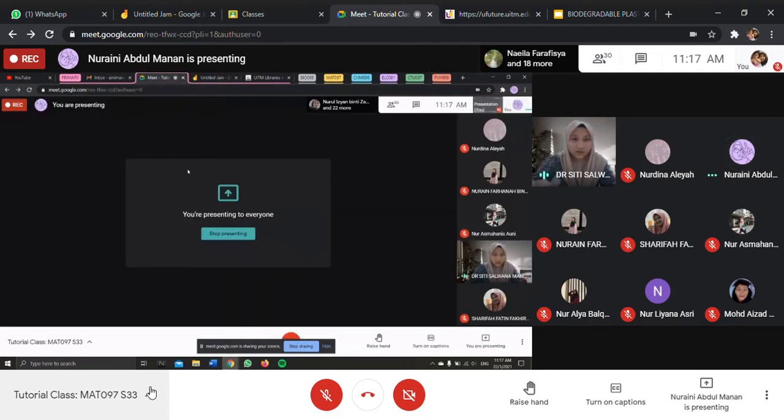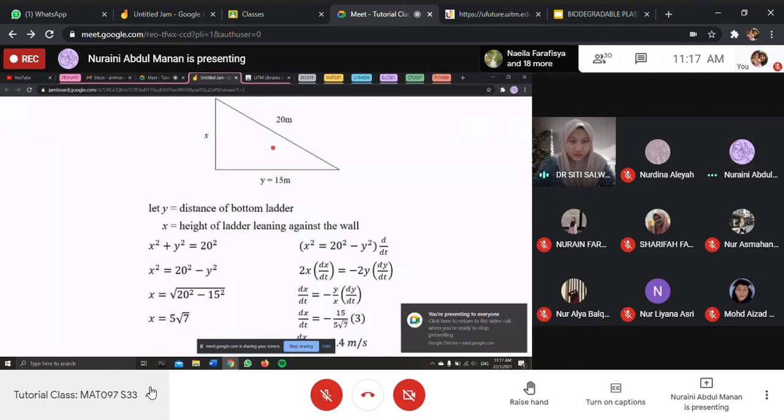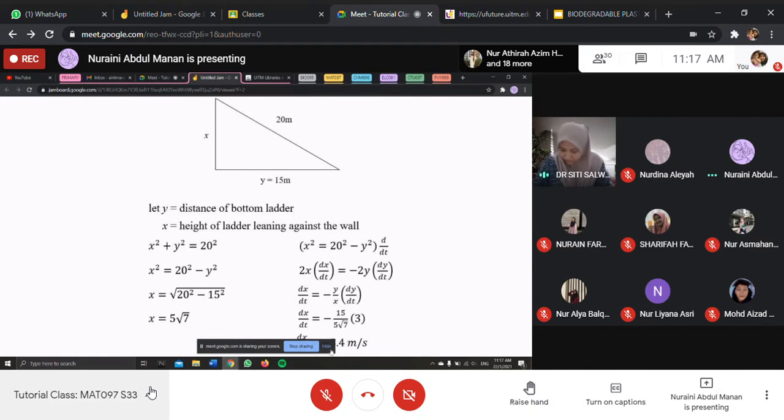Okay. Sekejap. You share balik you punya ni solution. Okay, so kat situ you dapat negatif berapa tu? I tak nampak dah. 3.4. Okay. Negative 3.4. So negative sign here means that you punya ladder dia menurun kan? Okay, ladder tu jatuh lah, slide down.